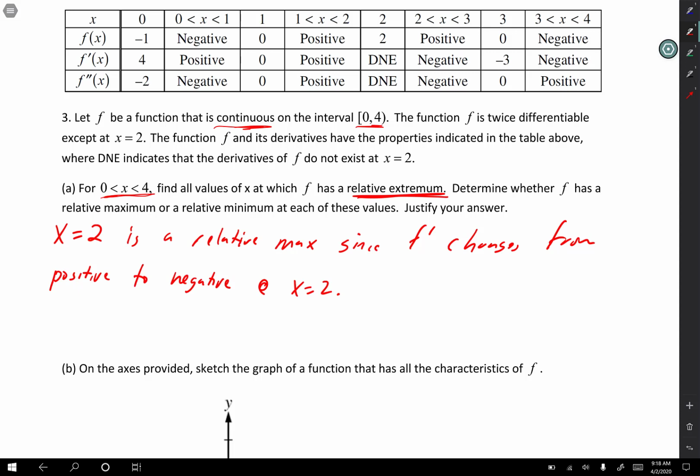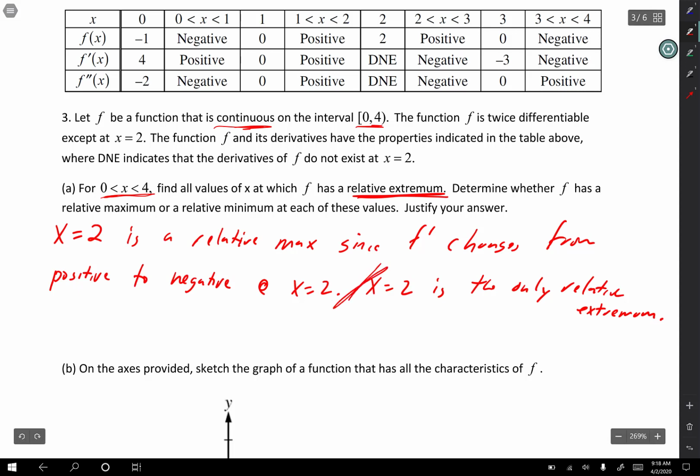And that's it. It's the only relative extremum. You probably don't have to say that, guys. I think you're fine right there. X equals 2 is the relative max, and f prime changes from positive to negative at 2, and you're done.